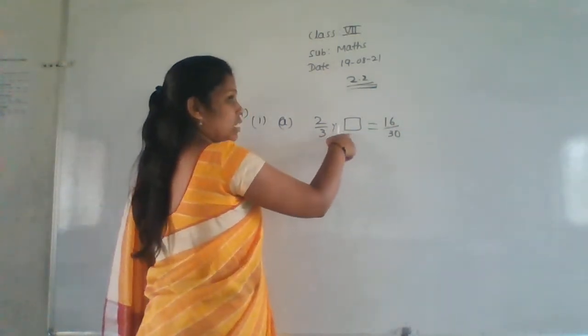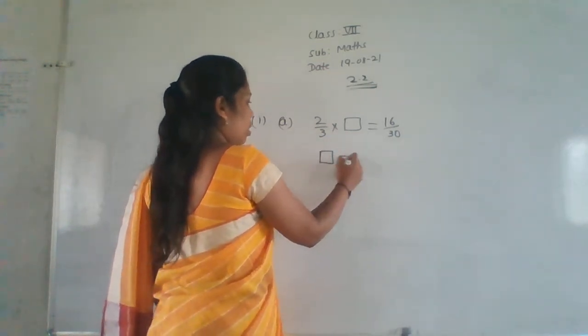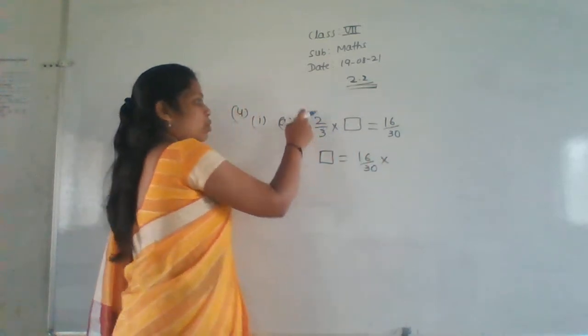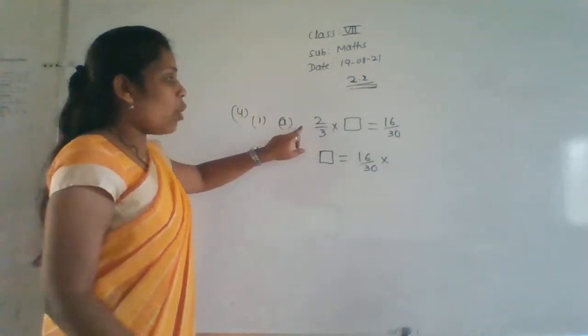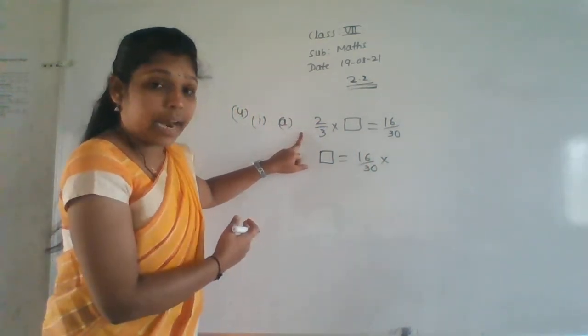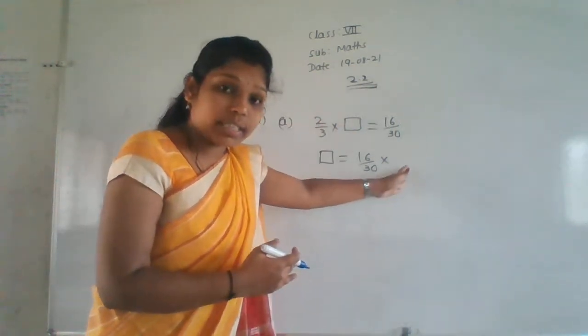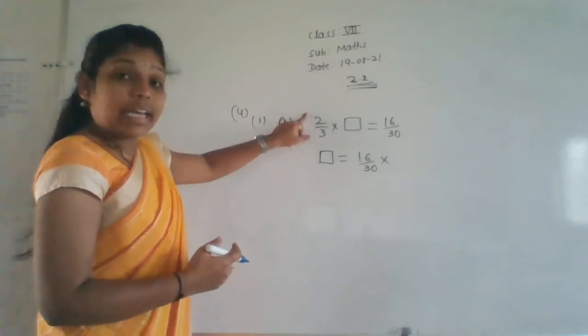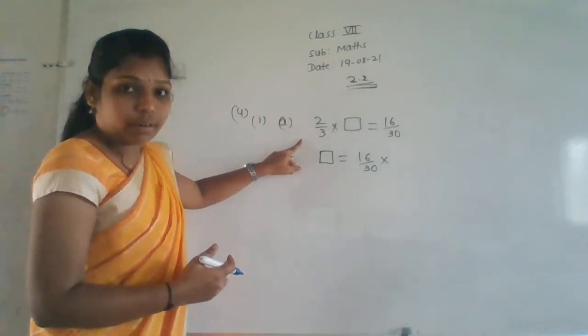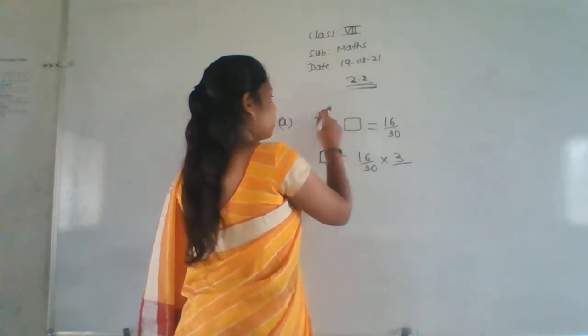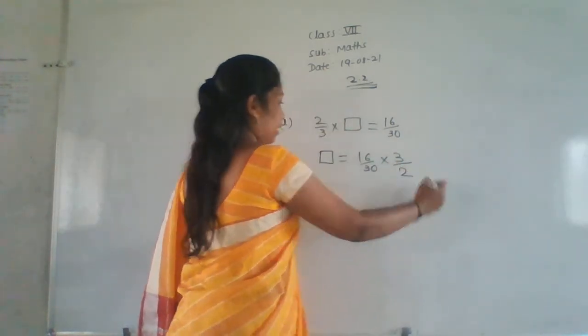So now we want this box, right? So now 16 by 30 into, okay? Whenever this value is present on the LHS side, if you are taking that fraction to the RHS side, you take the reciprocal of this fraction. So this 3 will go to the numerator and this 2 will come to the denominator.